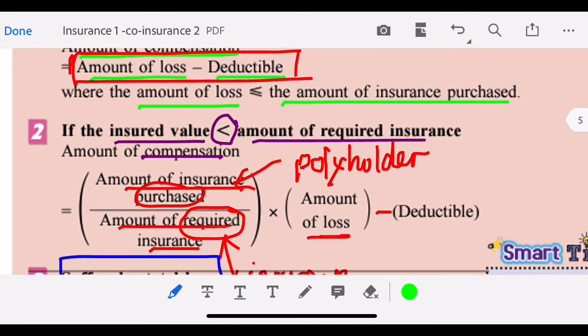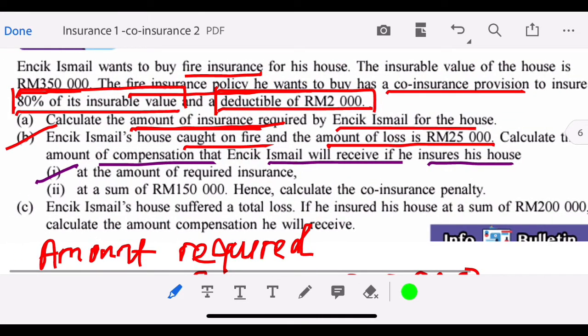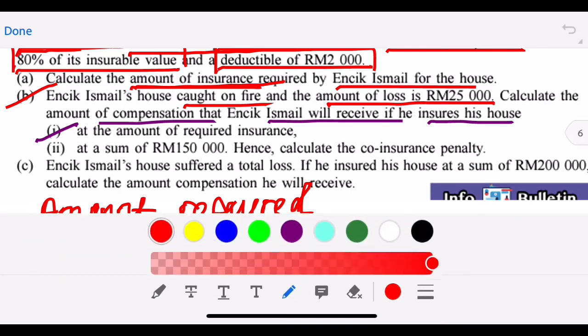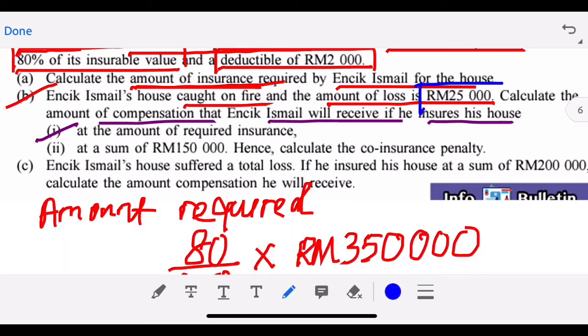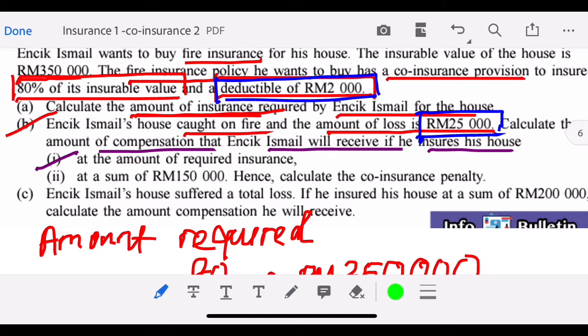Let's see, the amount of loss is 25,000. So we highlight the amount of the loss, and the deductible amount, which is 2,000.